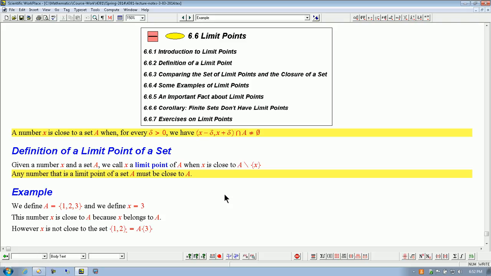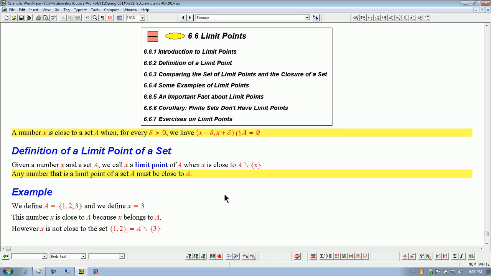If you pull 3 out of A, you get left with the set whose only members are 1 and 2, and 3 is not close to that. What if we choose a delta that is big enough to be close? The condition of close says for every. Just because you say, what if we choose delta to be 1,000,000? That won't help.